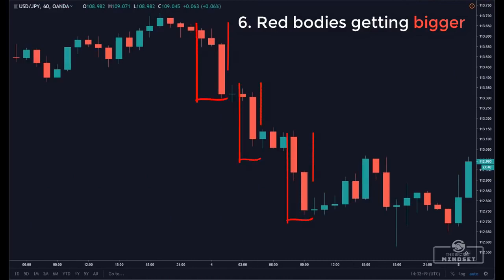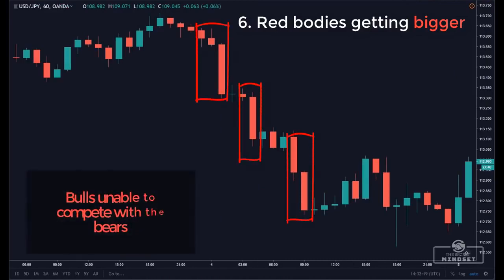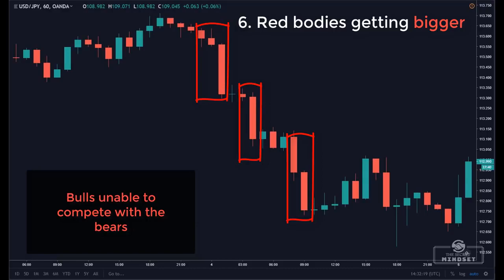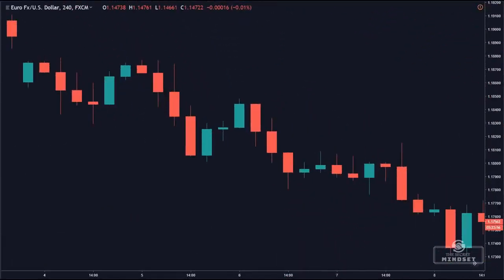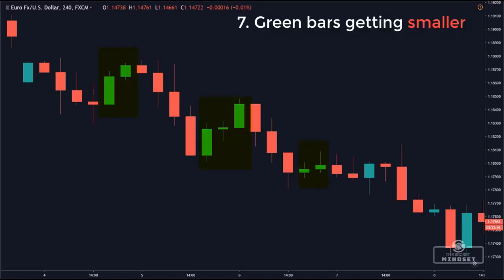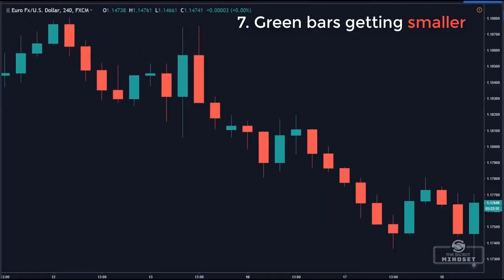This is a good indication that the bulls are unable to compete with the strength of the bears. Also, during a market controlled by the bears, the green bars are getting smaller and smaller. This price action indicates that the bulls can't drive the price upward.